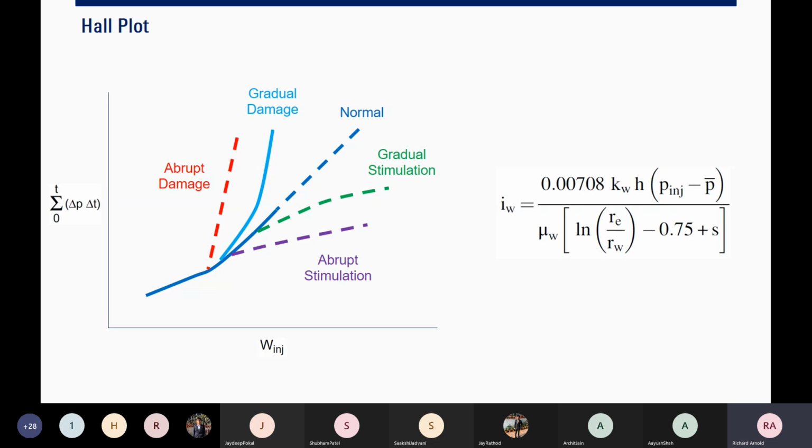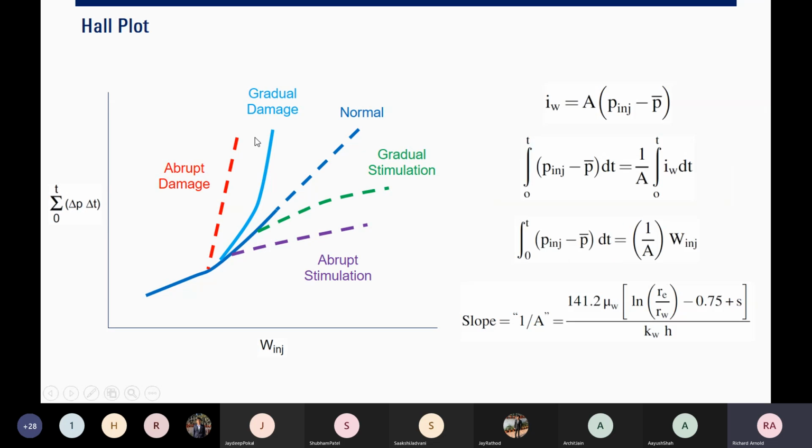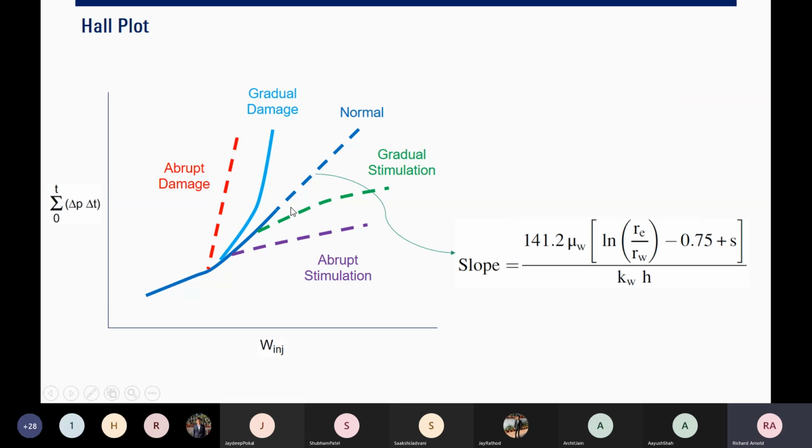Okay, either you have sustained injectivity, higher injectivity, or decreased injectivity. Okay, we can construct it by deriving this equation to finally obtain the equation for the slope. All right, so this line has a slope, and the slope can be numerically calculated using this equation.